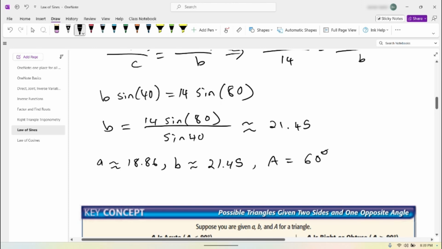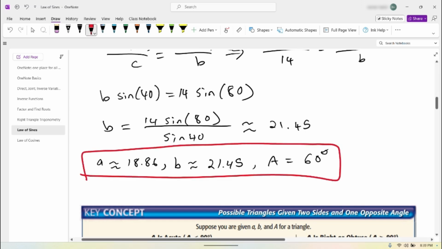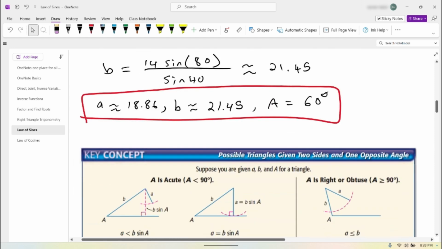So that's how we solve these problems. We will be given 3 pieces of information, and we will need to find 3 more pieces of information. All right, so that's how we solve the first example.